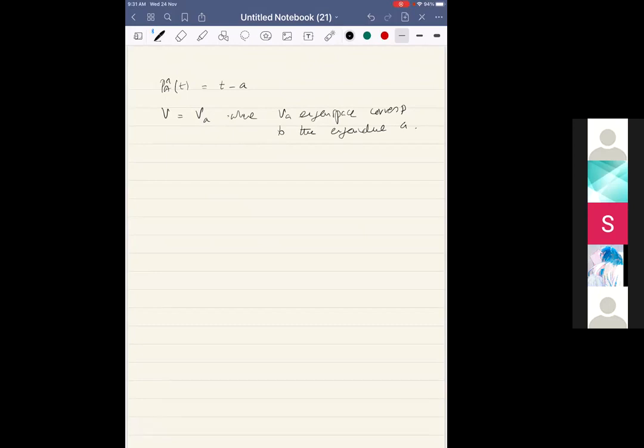So now, let V equal n cross 1, column vectors of length n.